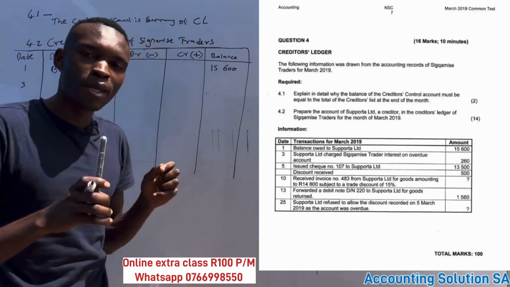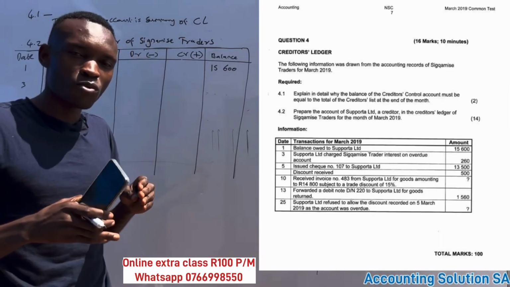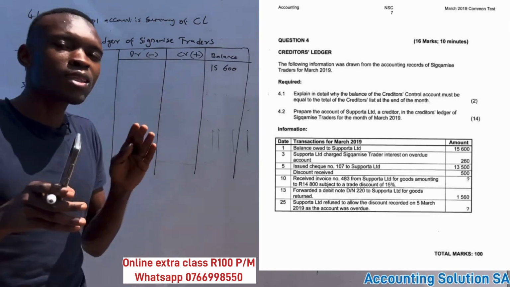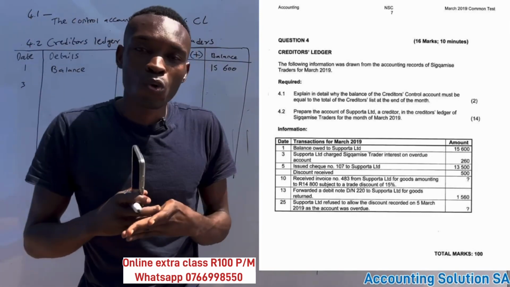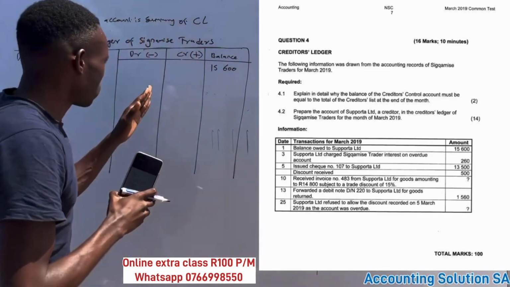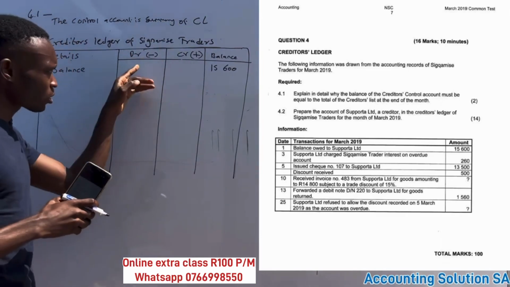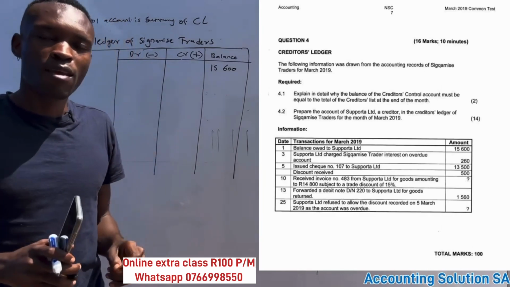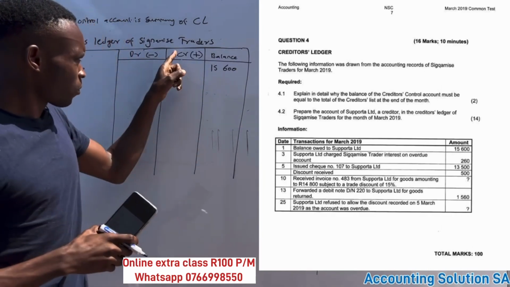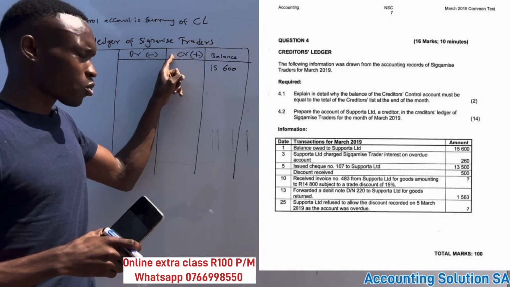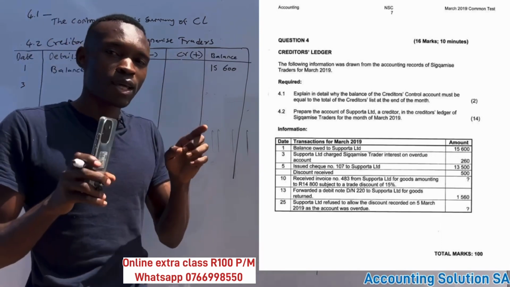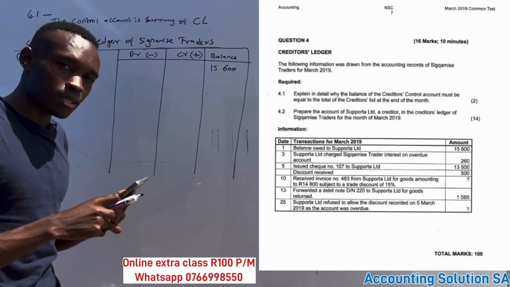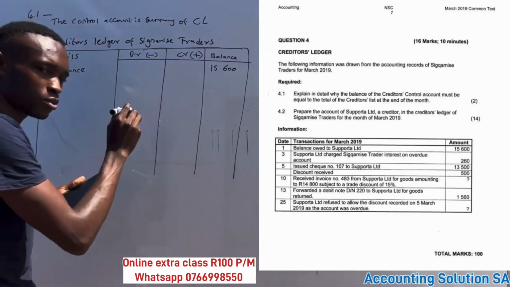If we paid money or if we get a discount, we are going to debit. Or if we return anything that makes us owe our suppliers less, we are going to debit because it's going to reduce liability. Whatever increases it, if we buy on credit, we're going to credit because it's going to increase the liability that we have. Very simple. Now, because they charged us interest, obviously our liability goes up.